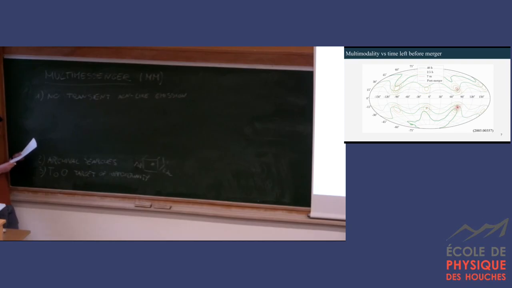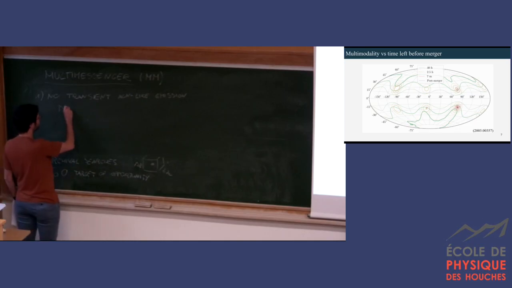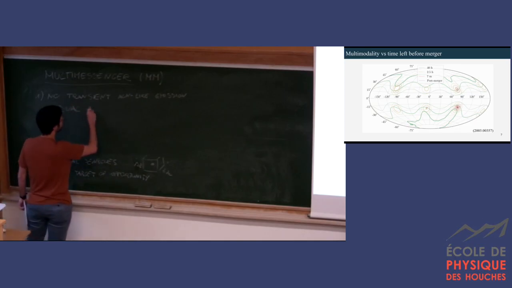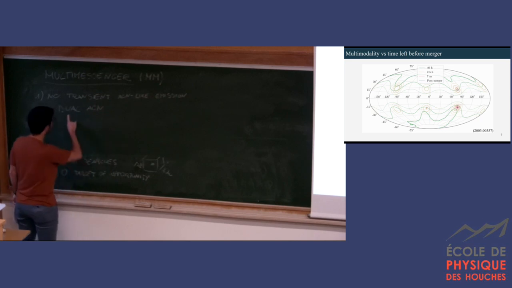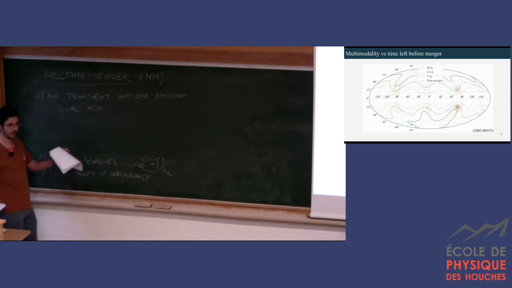What we have in the literature is what people call dual AGN. These are situations where you have two galaxies, with a massive black hole in the center of each galaxy. The galaxies have merged, but the two massive black holes are still far from each other.